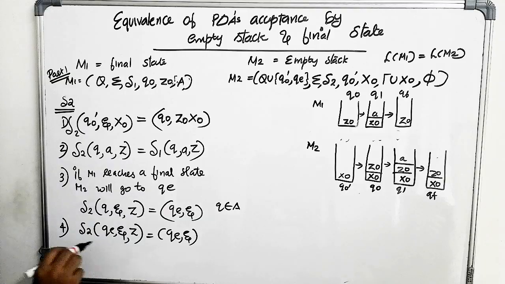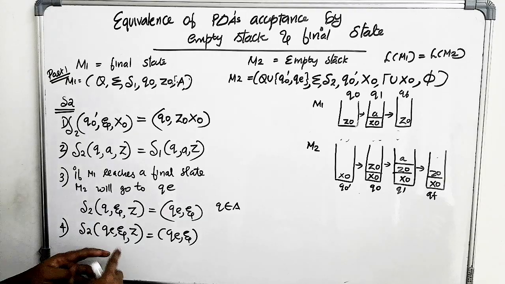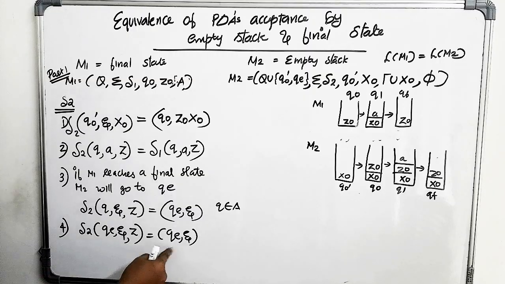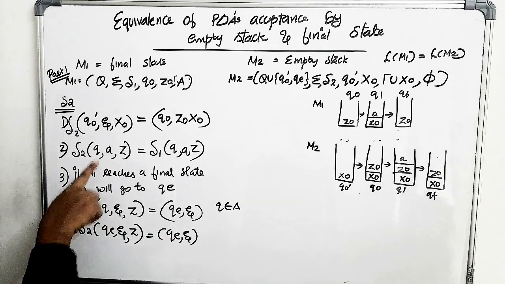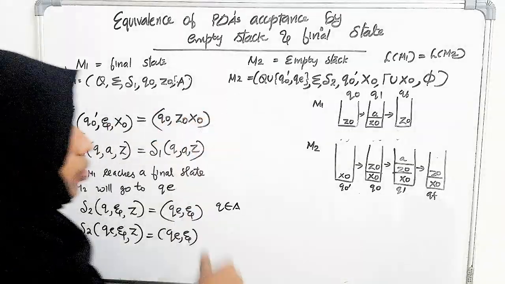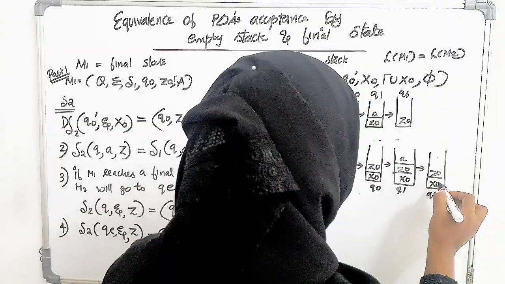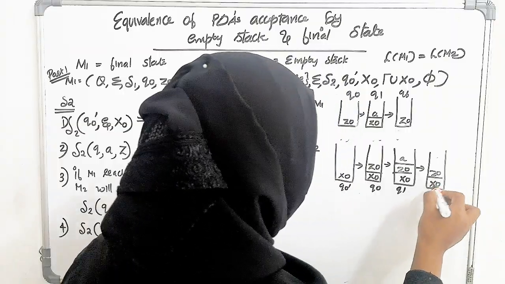As long as it has some stack contents in it, it will keep on remaining in the state QE and keep on popping the stack contents, so that the stack will finally be empty. So these are the 4 steps that M2 does. Here the stack of M2 has Z0 X0.